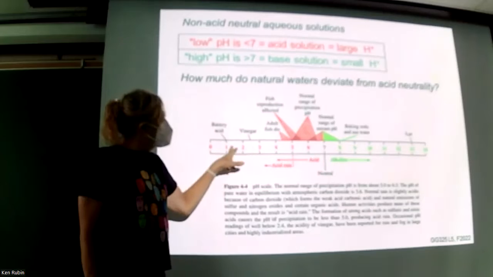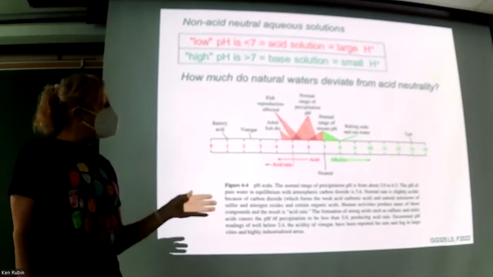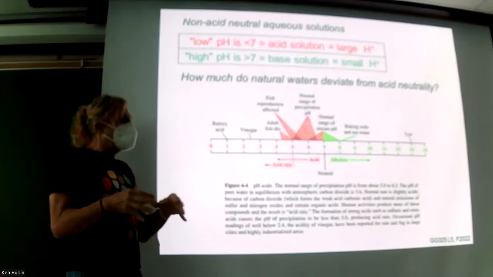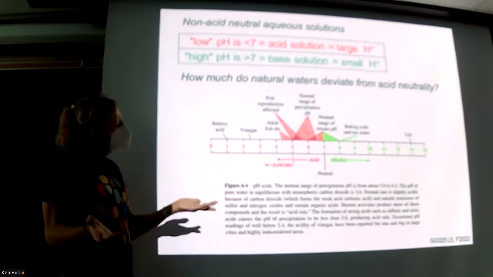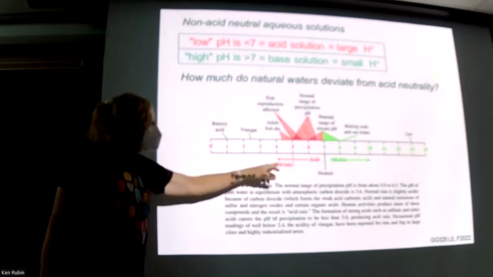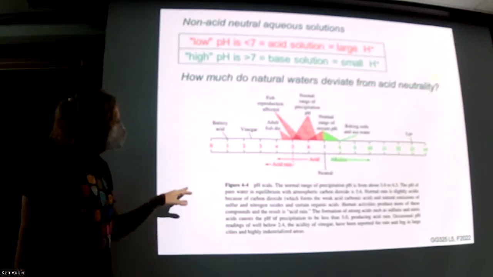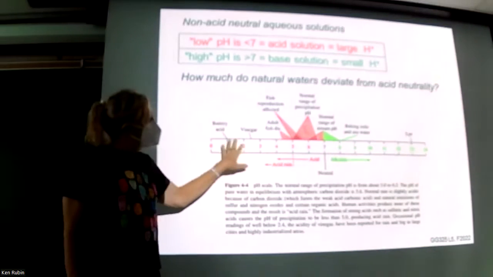Those waters tend to have much lower pH because they're interacting with a strong mineral acid, usually SO3 gas, sulfur trioxide, which dissolves in water to make sulfuric acid. And there are organisms that have adapted to live in those environments. They're microorganisms for the most part, but that's kind of a special case.